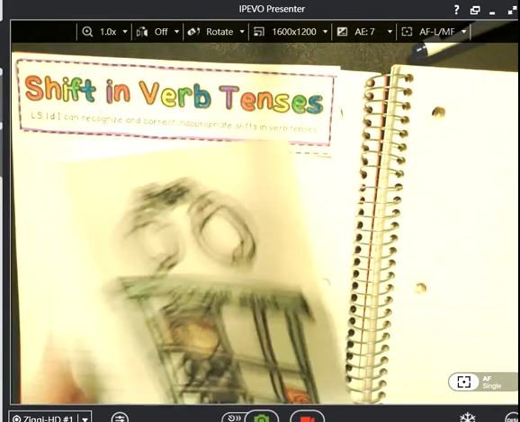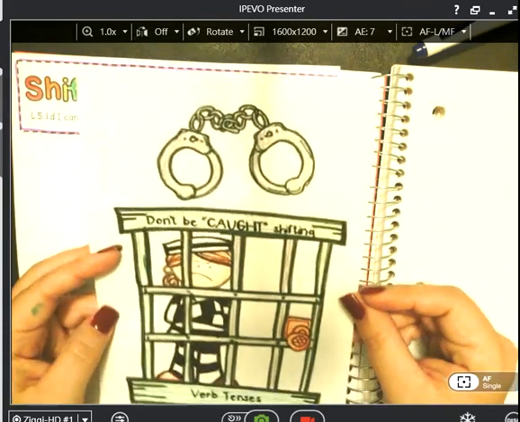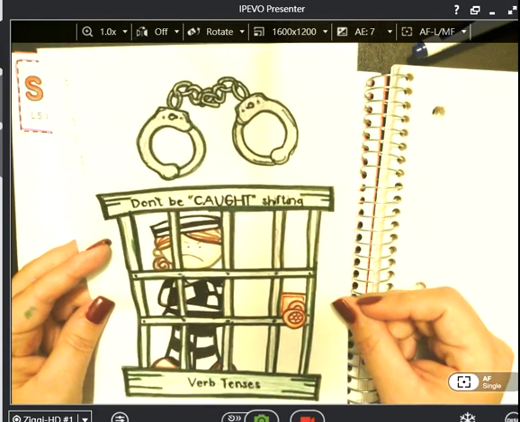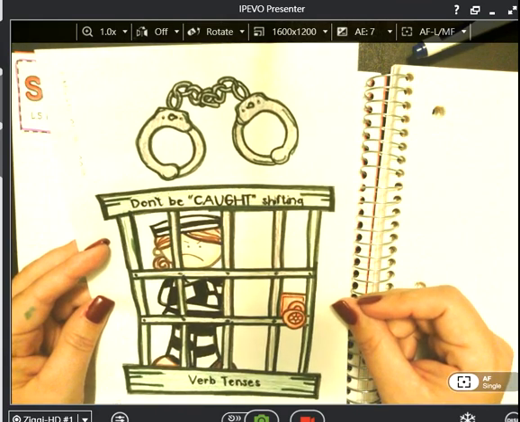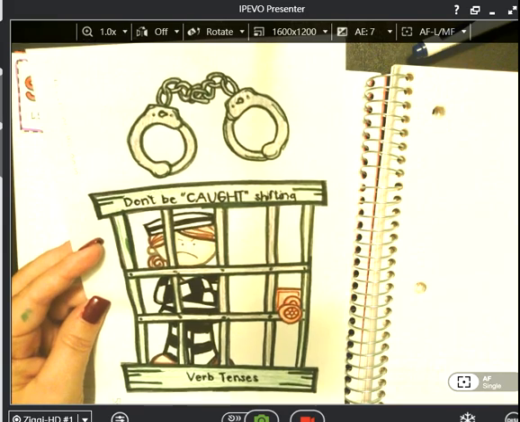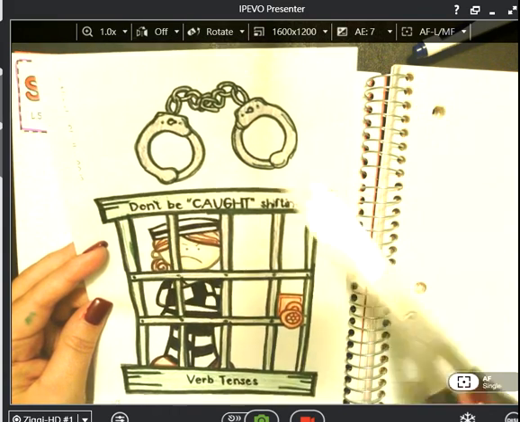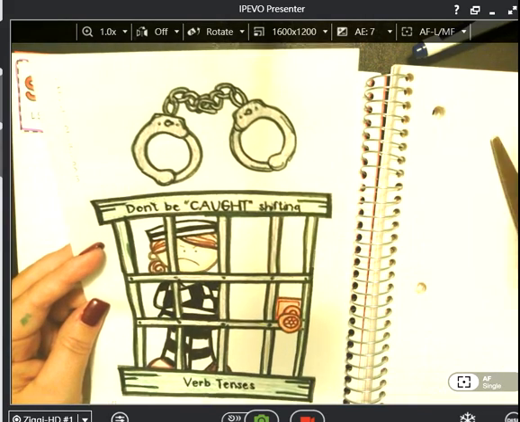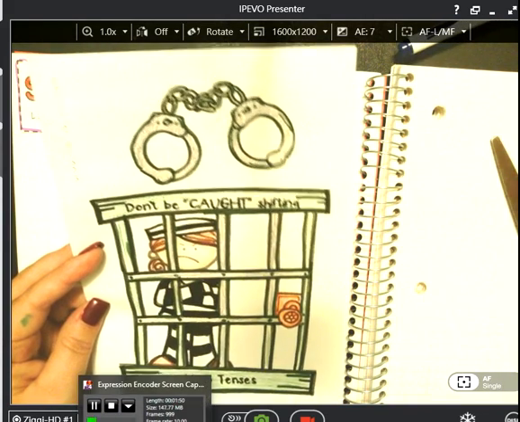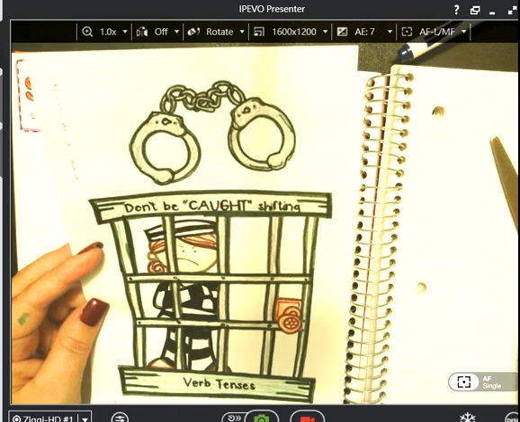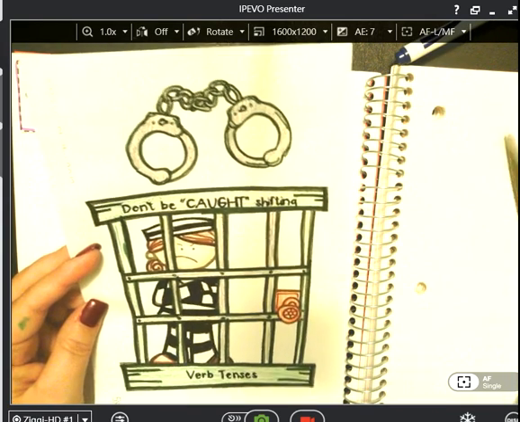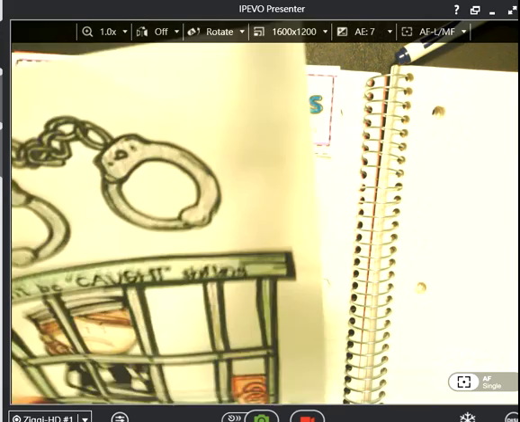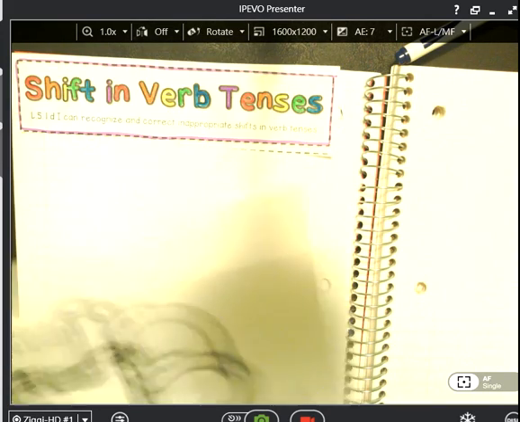Then you've got this sheet right here that is the little person in the jail, and it says don't be caught shifting verb tenses. What I'm going to ask you to do on that is to cut this part off and around like this, and we'll cut this out too, because we will be using this later in another area. So we'll just cut this out real quick. I'm not going to cut just real close to it.